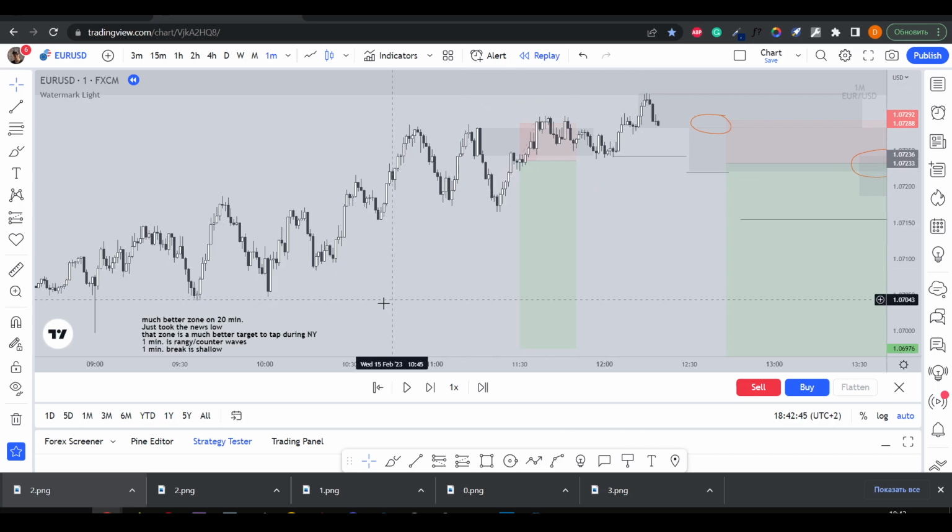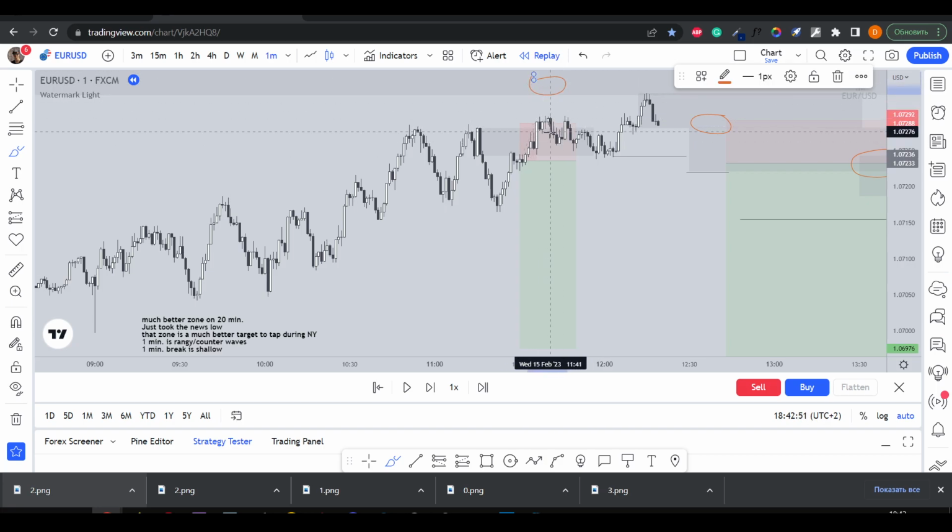Again, you see the difference. This is 1 minute. First of all, we have a better zone to tap above. This is the London session, so I took this, note that there was a much better zone above. Then we just took the news low, so it's just contextual.